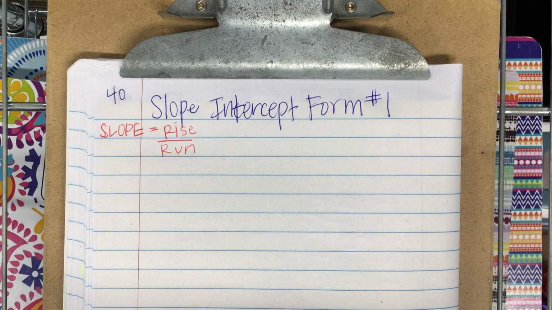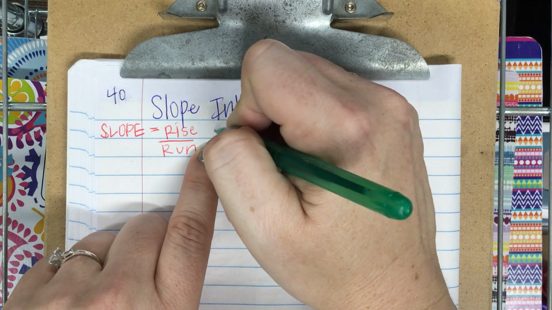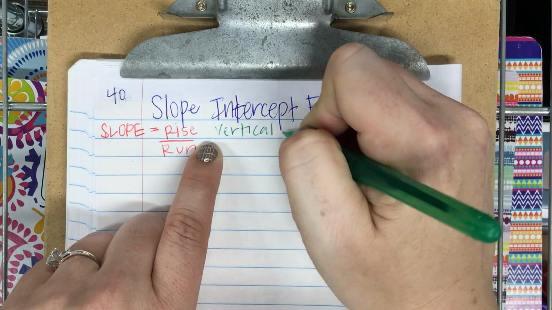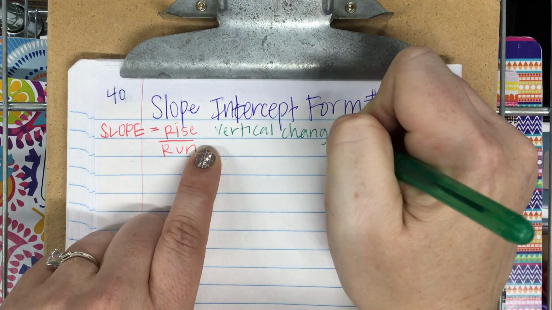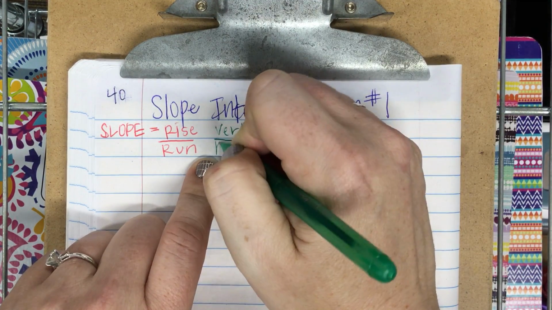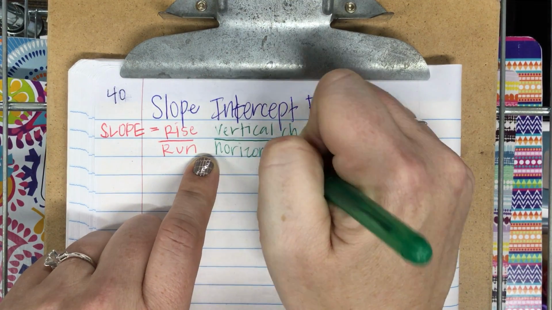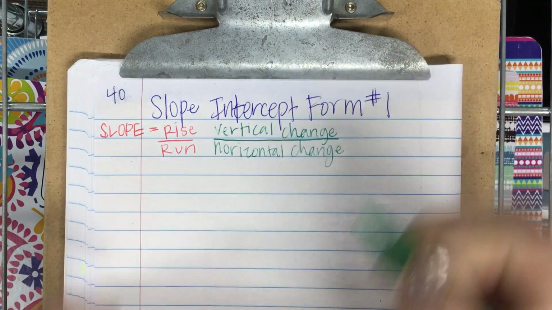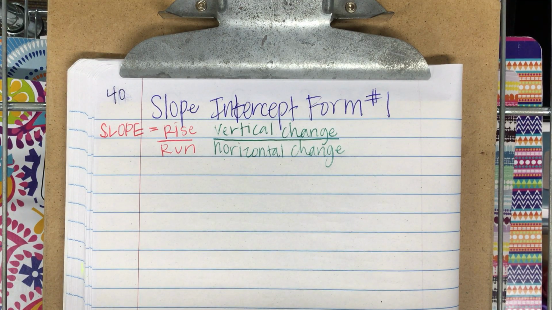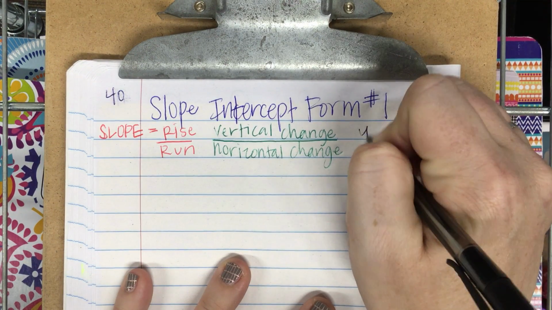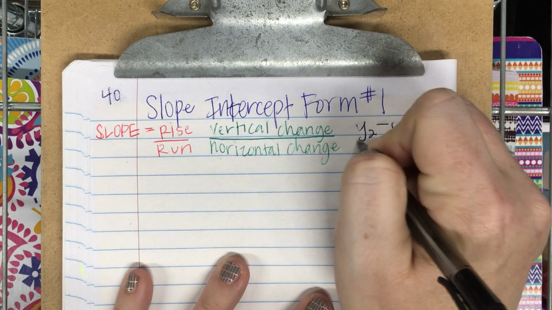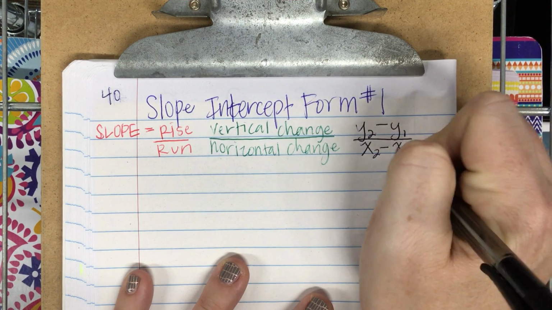Rise over run means the vertical change over the horizontal change. The vertical variable is y, so it's y2 minus y1 over x2 minus x1.